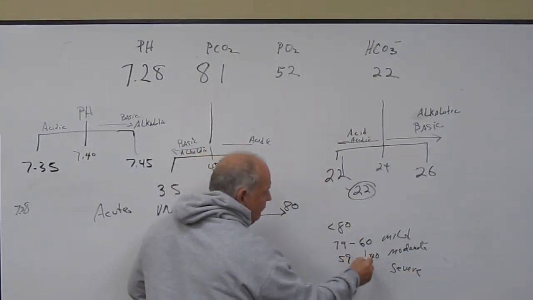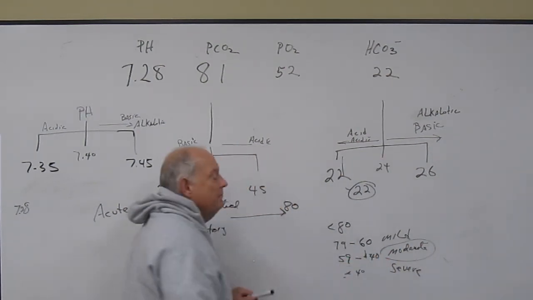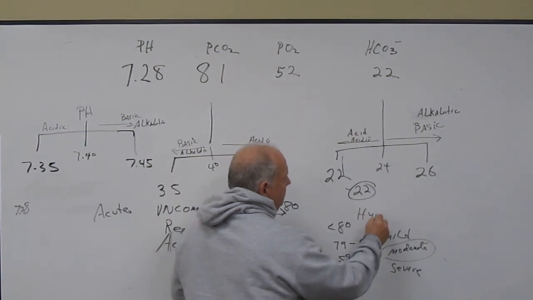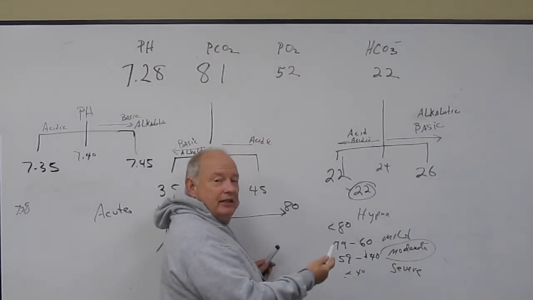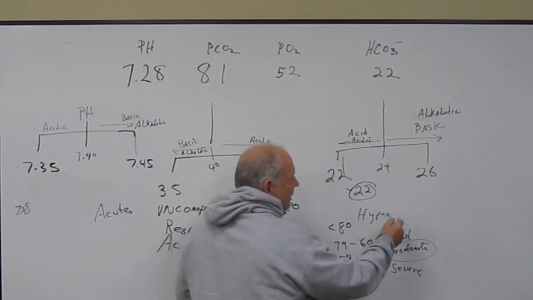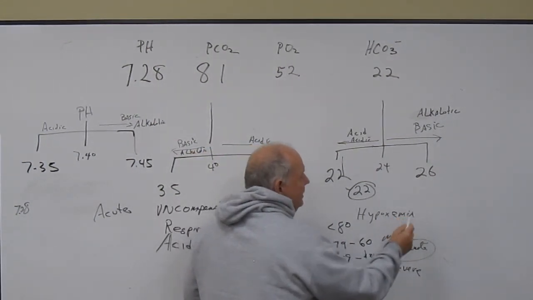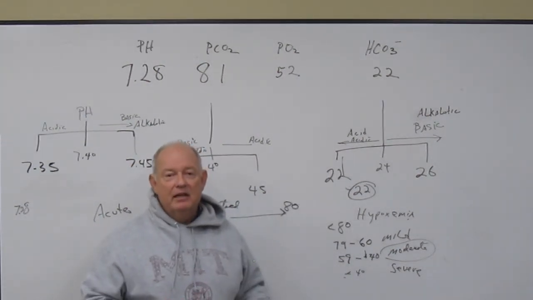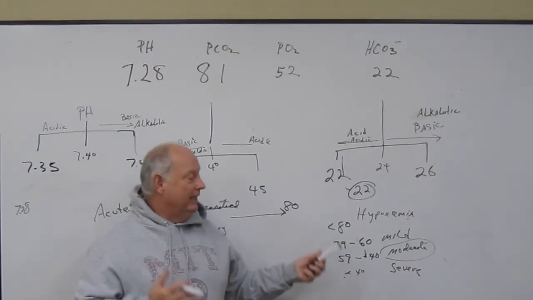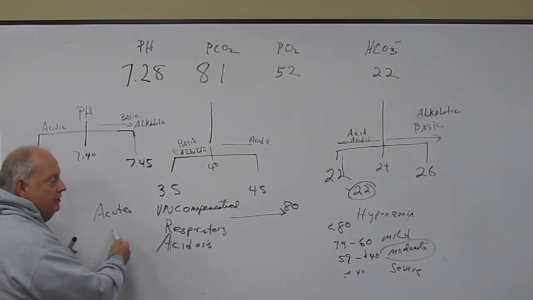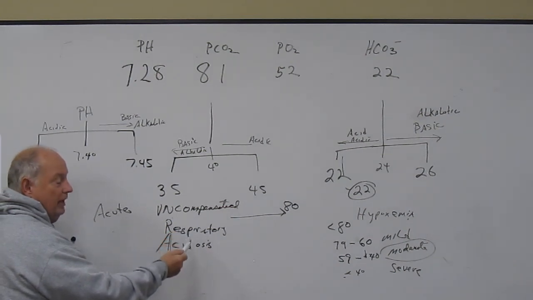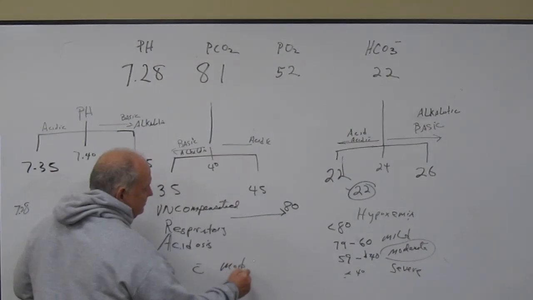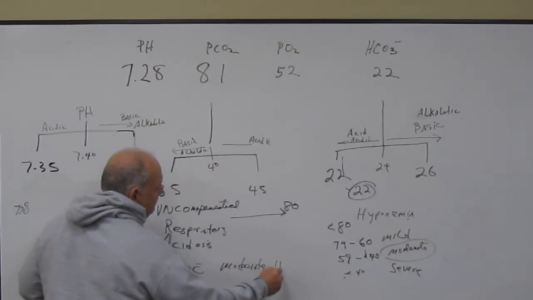And 52 is going to be right here. So we say that this is a moderate hypoxemia. Hypoxemia, H-Y-P-O-X. A condition of not having enough oxygen. Emia, E-M-I-A, in the blood. So we know, because we've drawn this gas from the blood, that there's not enough oxygen in the blood. Acute, uncompensated respiratory acidosis with moderate hypoxemia.